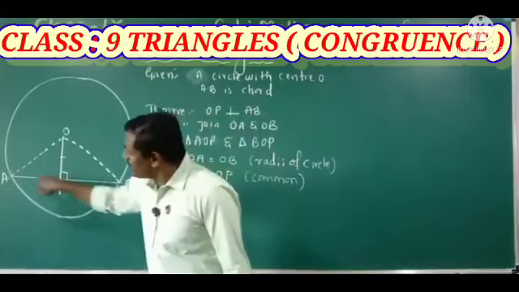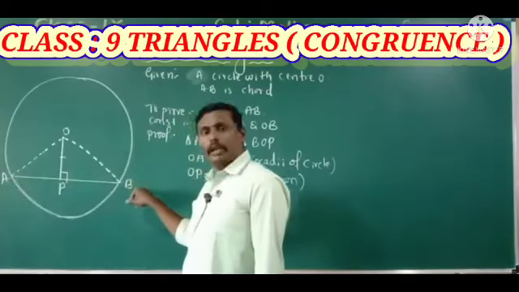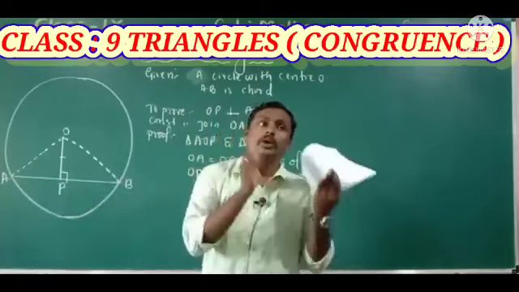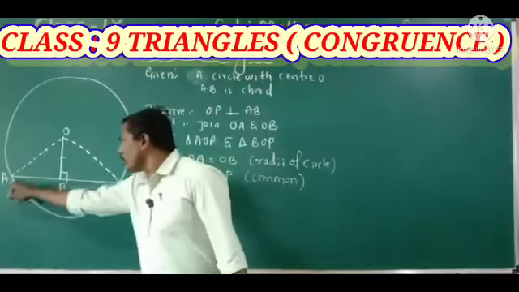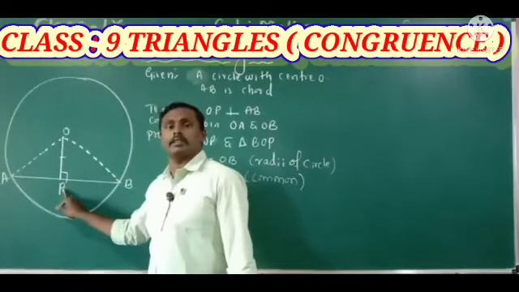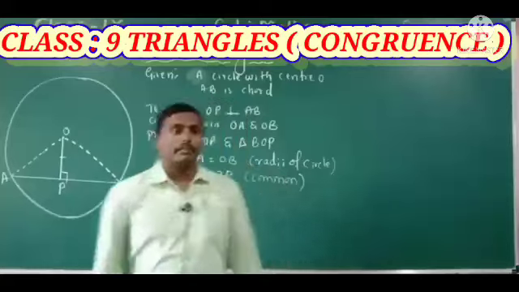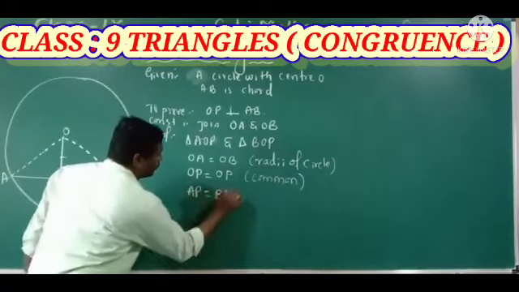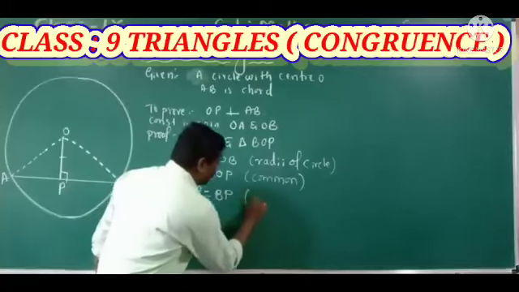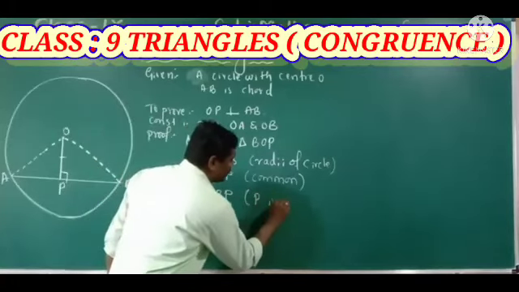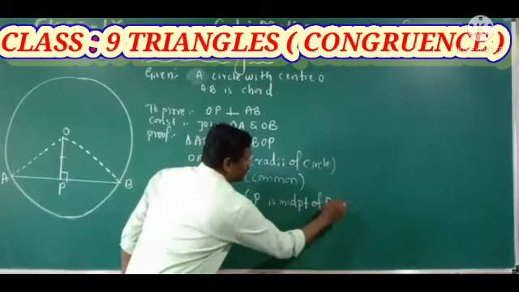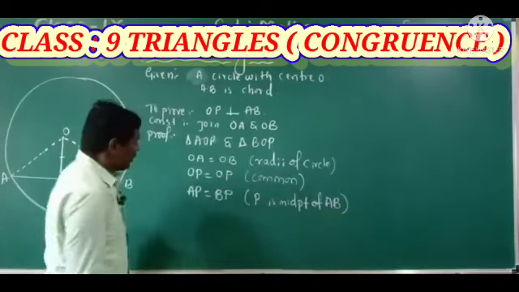If P is the midpoint of the line segment AB, it means P divides the line segment into two equal parts, so AP is equal to BP, because P is the midpoint of AB.